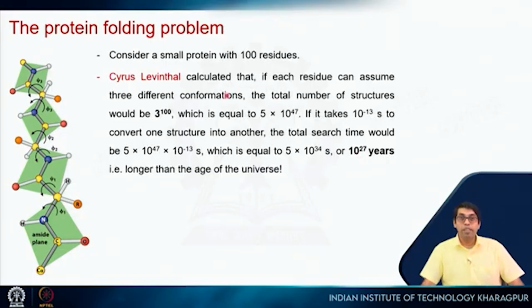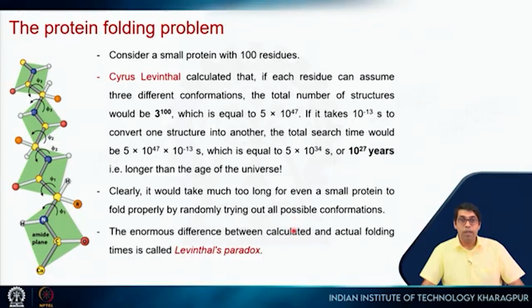Which means that if a protein which is only 100 residues long samples all possible conformations, it will never fold, right? And this is what is referred to as Levinthal's paradox, because this was first introduced by Cyrus Levinthal.